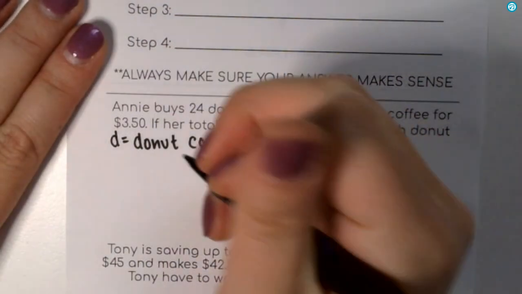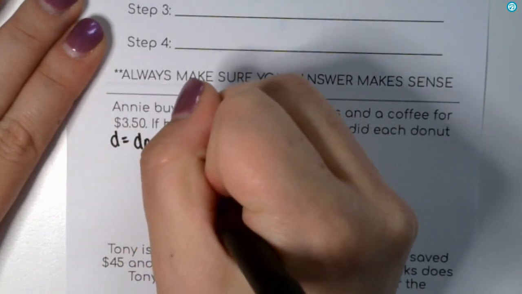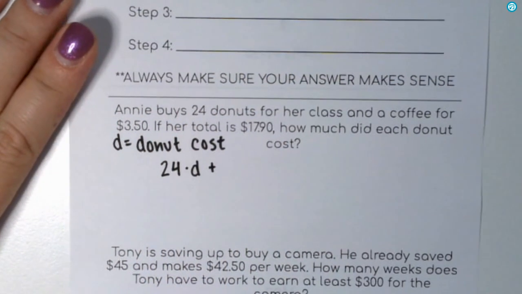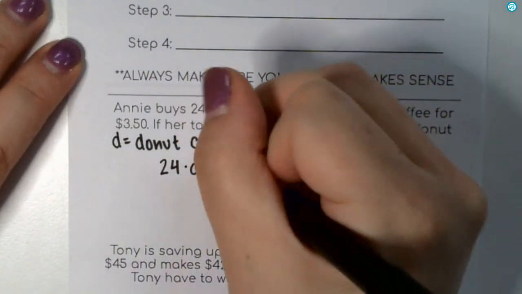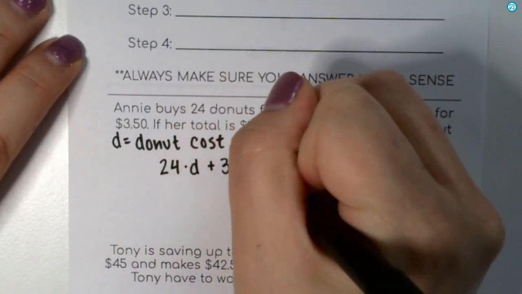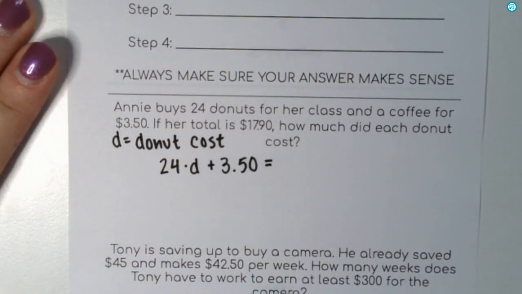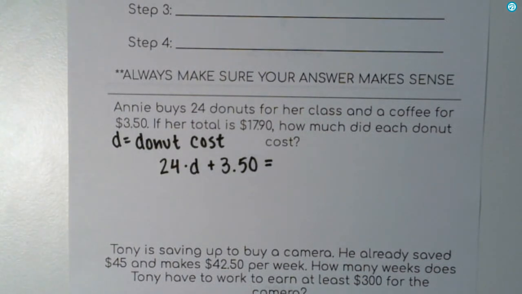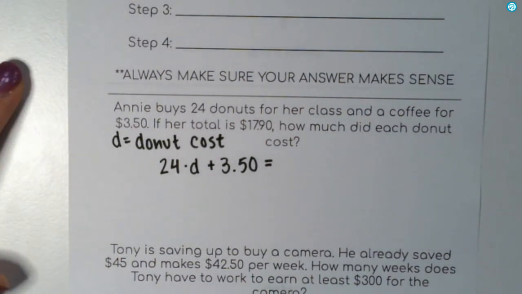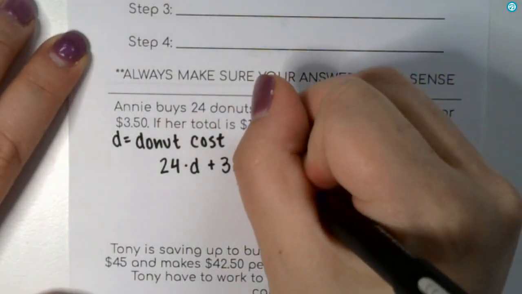So we're going to do 24 times D plus, she also spends $3.50 on coffee, so I'm going to put 3.50. Okay, and then that is equal to our total. How much does she spend total? $17.90. Perfect.